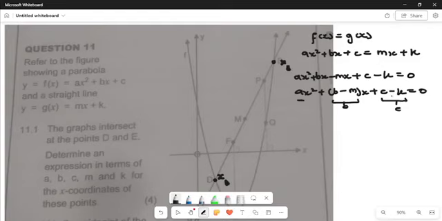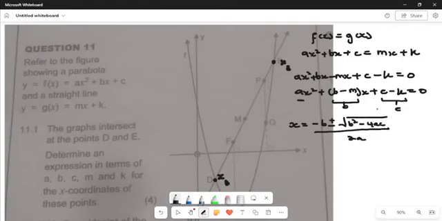So this quadratic equation, if we find the roots of this equation, the roots will tell us the x values where these two functions intersect. And since we have variables and unknowns, we can only use the quadratic formula in this case. So we'll have x equals minus b, or rather, let me rewrite the quadratic formula. Plus or minus the square root of b squared minus 4ac, all of that divided by 2a.